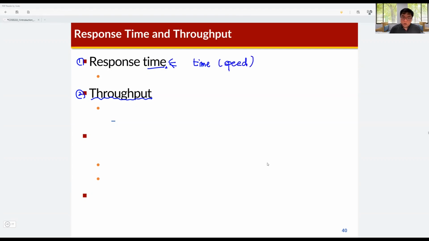And when we mention throughput of the computer system, we focus on the amount of workload. That is the amount of work which can be done in the unit time. It's the definition of the throughput. So we can focus on the time, or we can focus on the amount of workload. So there are two different metrics.